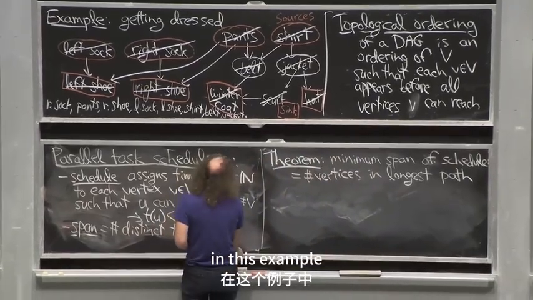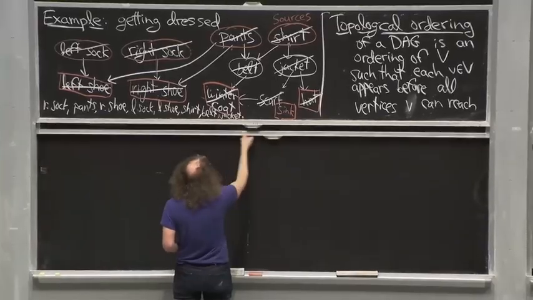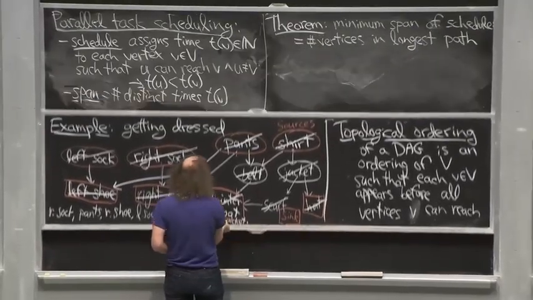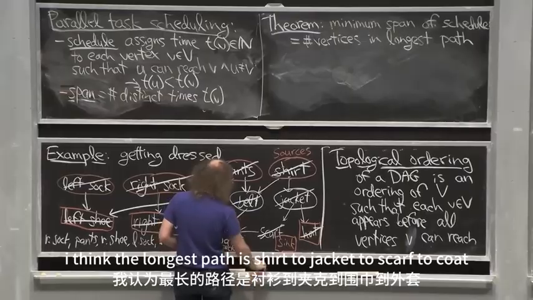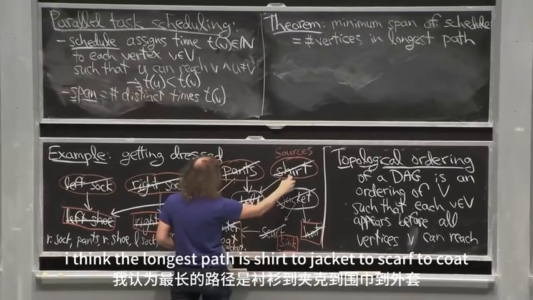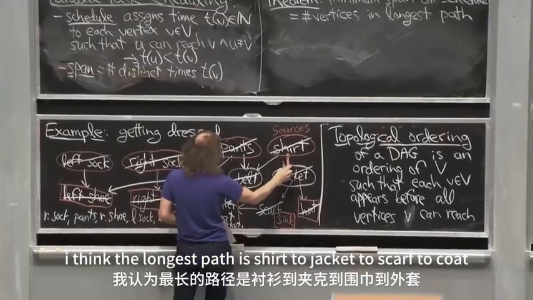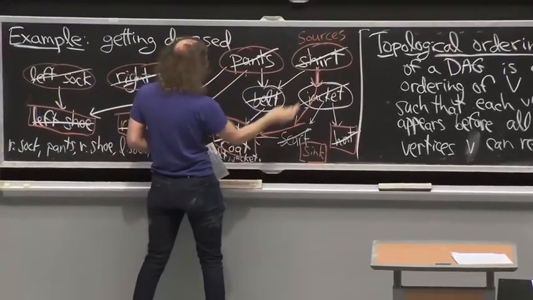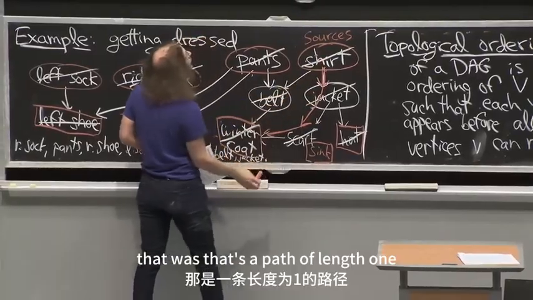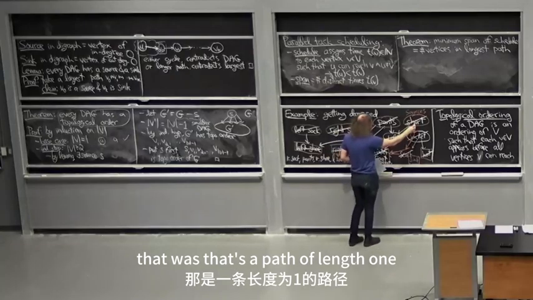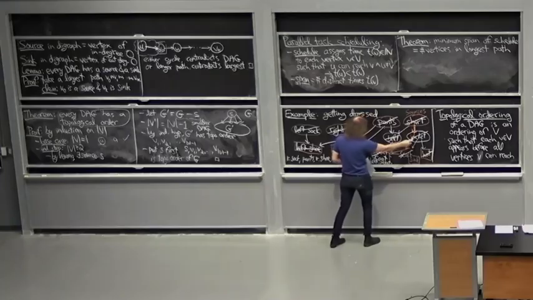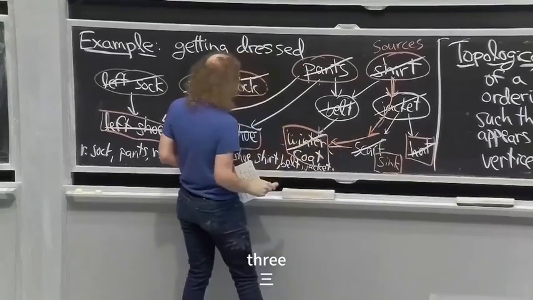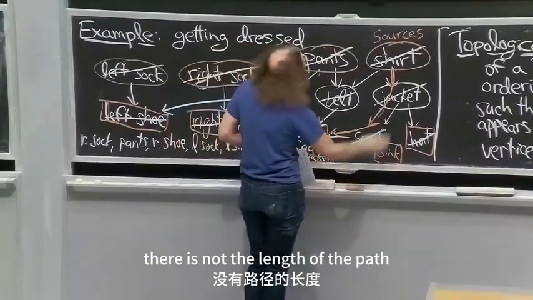In this example, I think the longest path is shirt to jacket to scarf to coat. That's a path of length 1, 2, 3. But what I wrote there is not the length of the path.